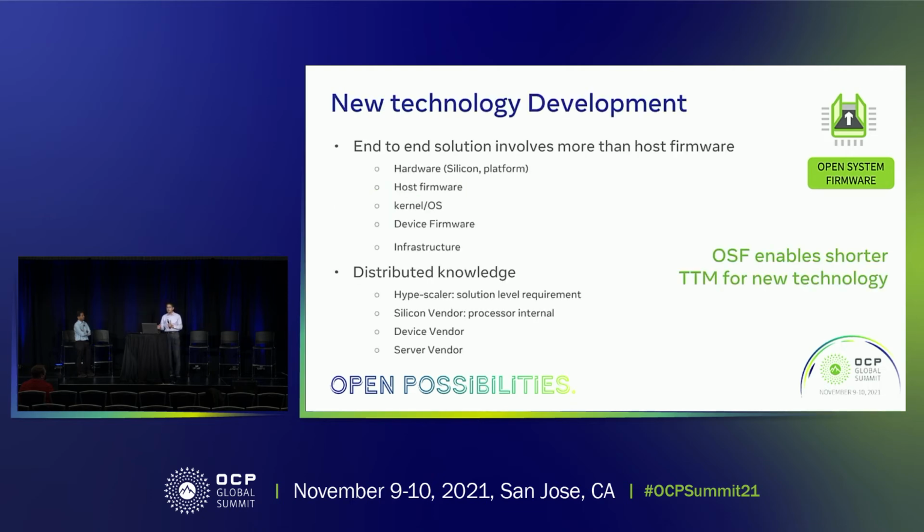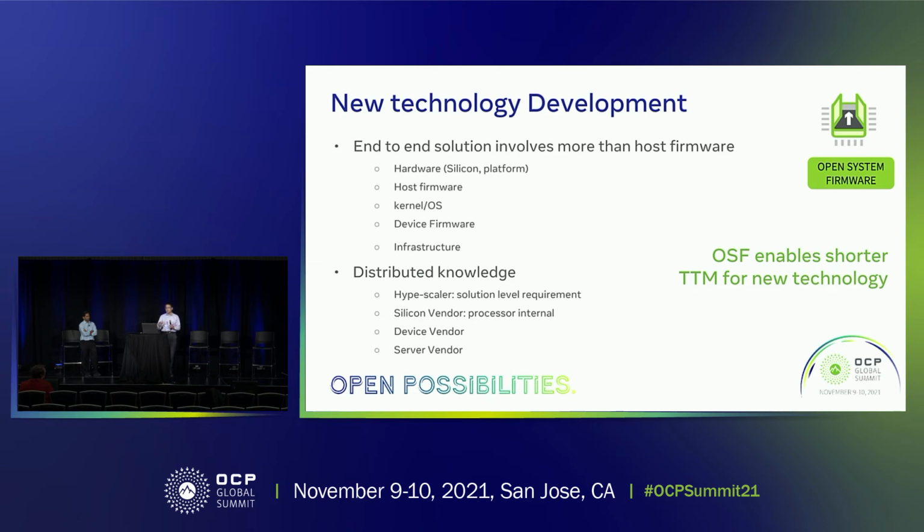One is that on the new technology development front, an end-to-end solution involves more than host firmware, right? We, as an end user, have a vision for what new feature we need. But that new feature would involve so many components in the system, hardware, software, right? And the host firmware is an important component inside it. We have to own our own destiny, so we have to move fast.